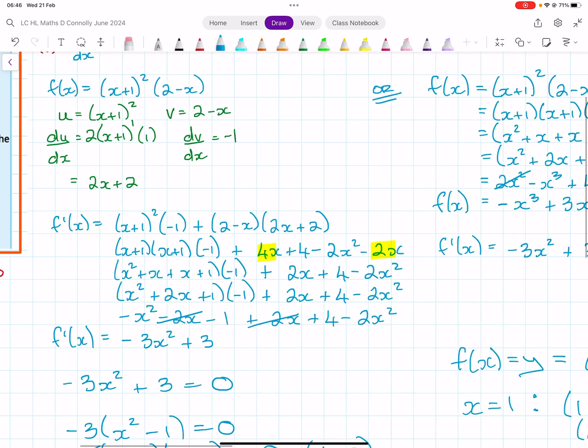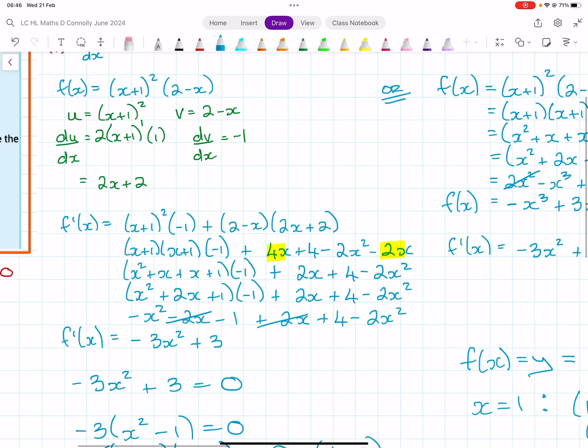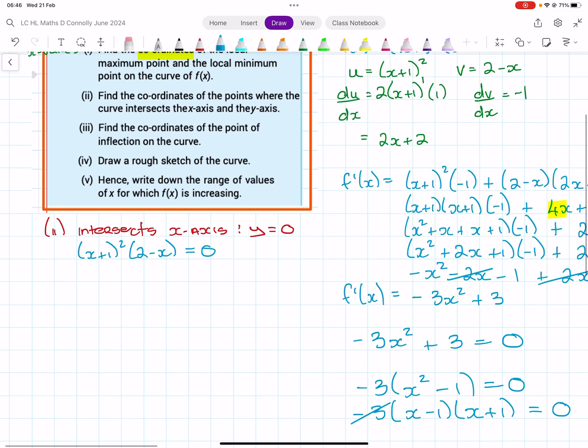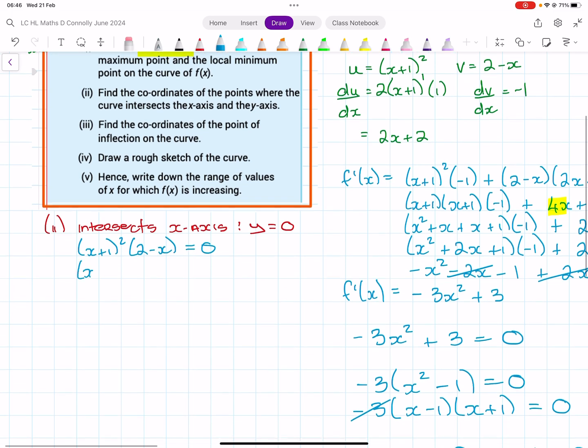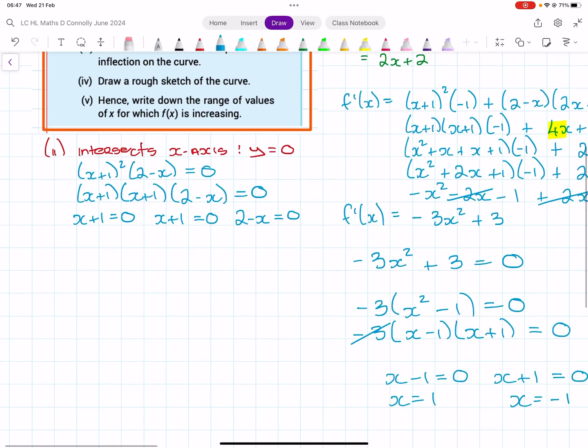Now, I've already expanded this somewhere. Well, actually, maybe I shouldn't expand it. If I do it like this, x plus 1, and 2 minus x equals 0. And then I can just go x plus 1 equals 0, x plus 1 equals 0, and 2 minus x equals 0. So just treat it like the end of a quadratic.